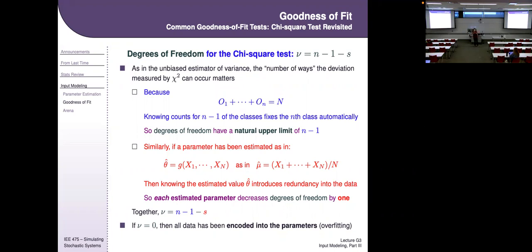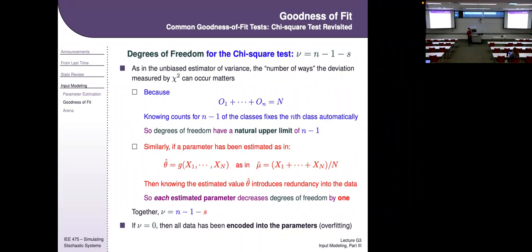There's no freedom there. So that's why we say a chi-squared has a natural upper limit of n minus 1 degrees of freedom, because you're taking 100 data points and you're smattering them around n bins, so you really only get n minus 1 degrees of freedom and the other bin is fixed. So that's the reason why we start with n minus 1 degrees of freedom.